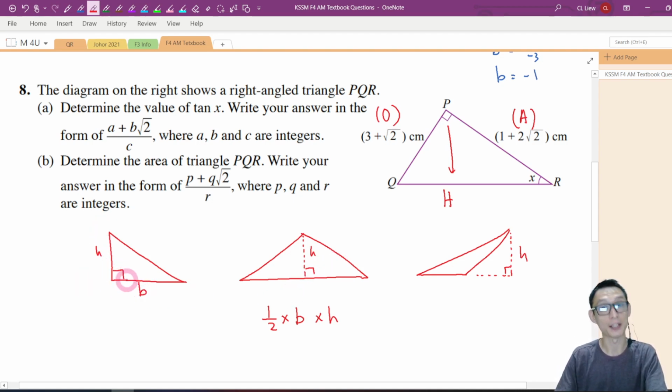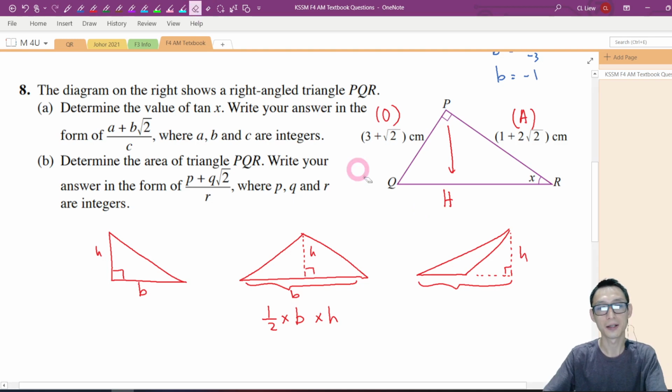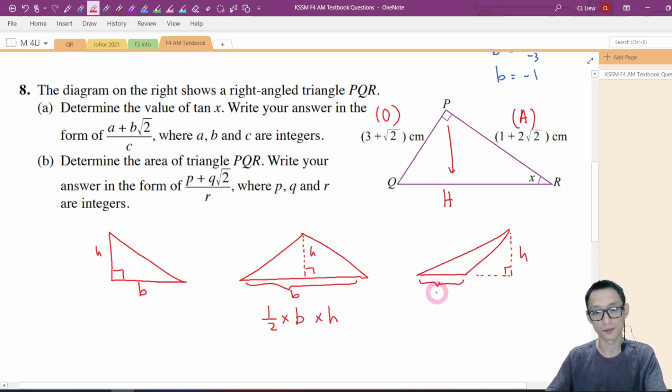So the height is perpendicular to the base, and this is base. The height is perpendicular to the base, but this one you need to be more careful. The base is not here, but the base is only here. And the height is here. We want the perpendicular height. 1 over 2 times B times H.